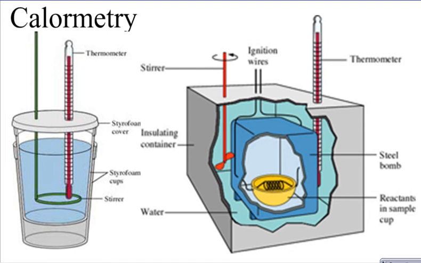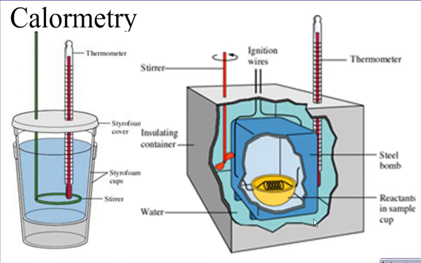The other device that we use when we do calorimetry is the calorific bomb. A calorific bomb is simply a crucible in which a sample is placed and a wire is put through the sample. As electricity is passed through the wire, it ignites or combusts the sample, and that releases a large amount of energy or heat.